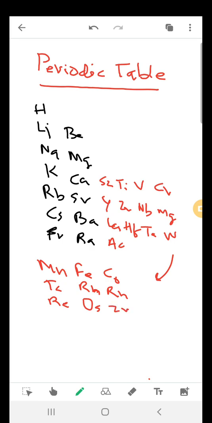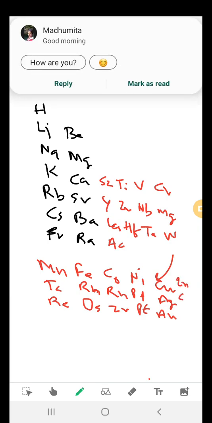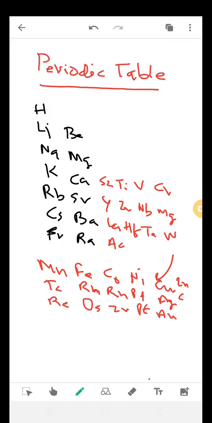Then we have nickel, palladium, platinum. Then we have copper, silver, gold, and then we have zinc, cadmium, and mercury.